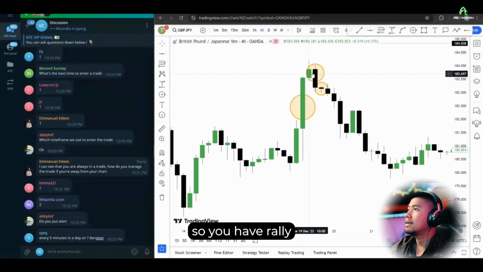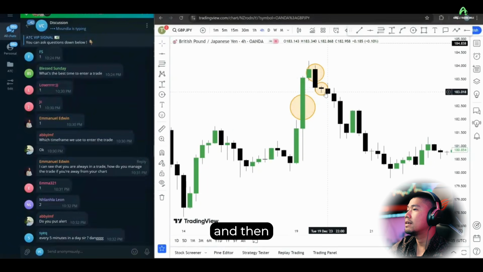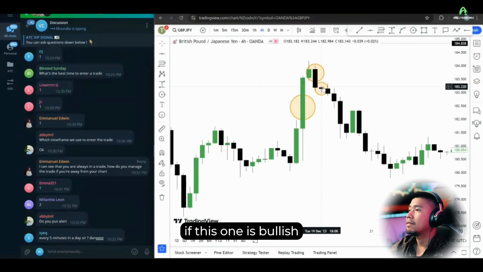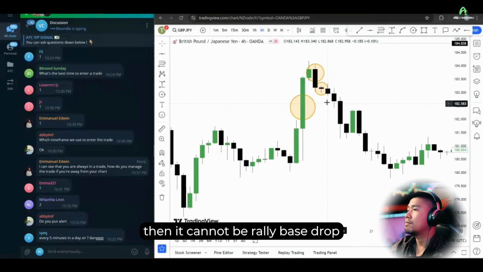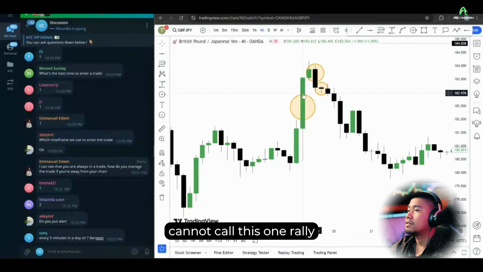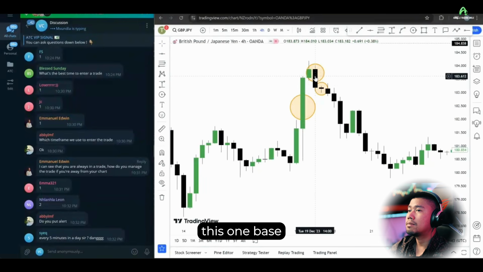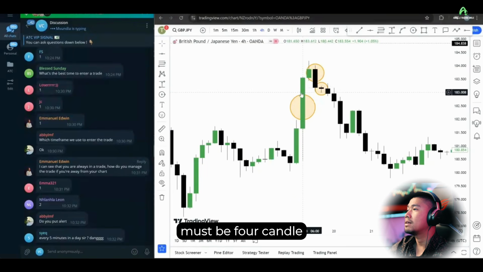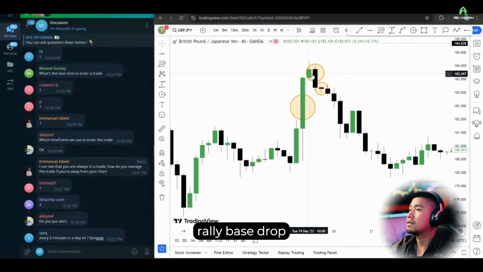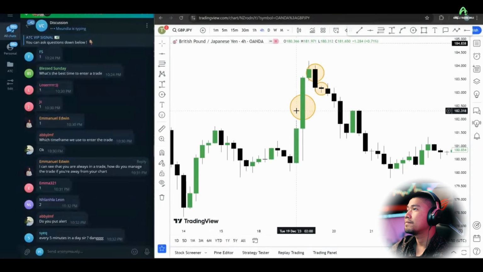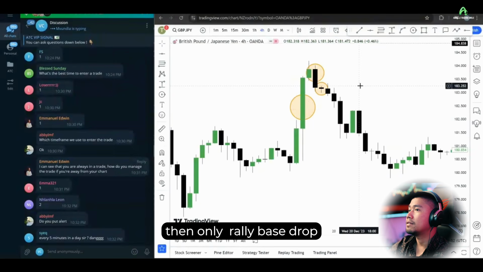So you have rally, base, which is bearish engulfing, and then you must have a drop candle. If this one is bullish, then it cannot be rally base drop, okay? You cannot call this one rally, this one base, this one drop, okay? Cannot. Must be 4 candles. Rally, base, drop, okay? Then only rally base drop.